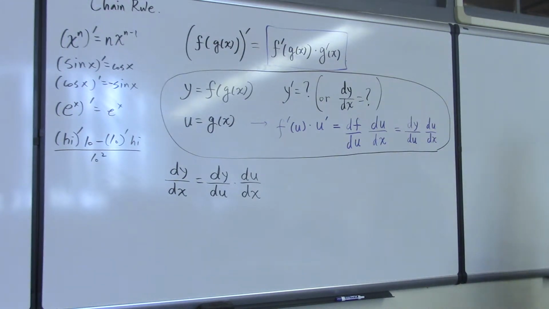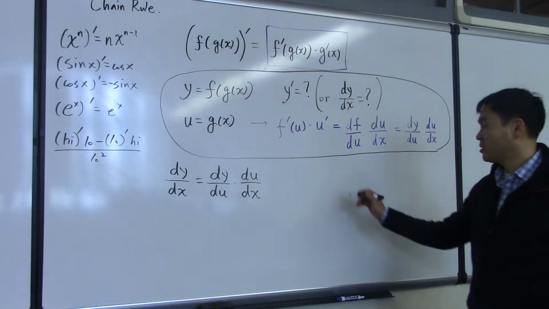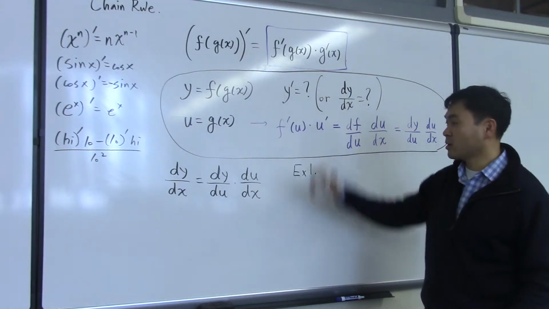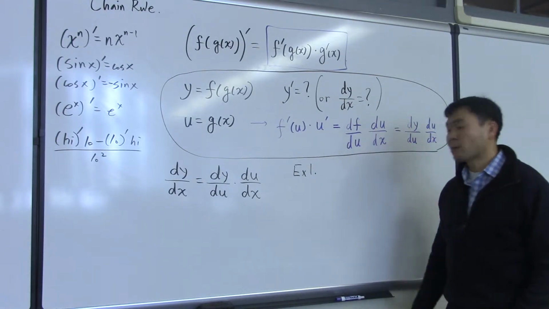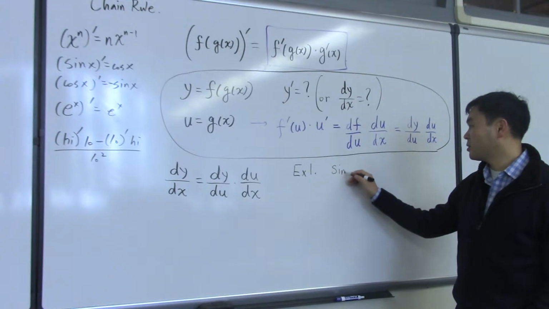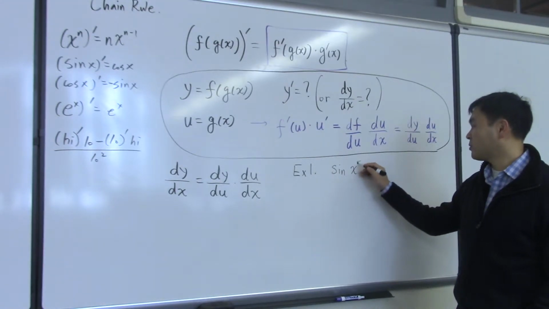Okay, so let me try to explain how you can make use of the chain rule. Maybe seeing an example might help you to understand what I mean by these things, okay? So first of all, let's say we want to differentiate sine of x to the fifth.